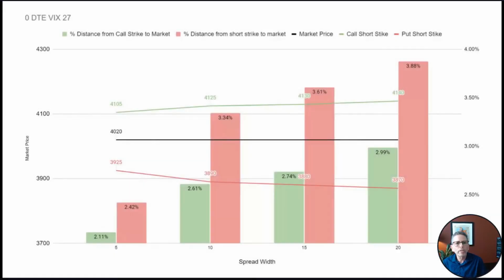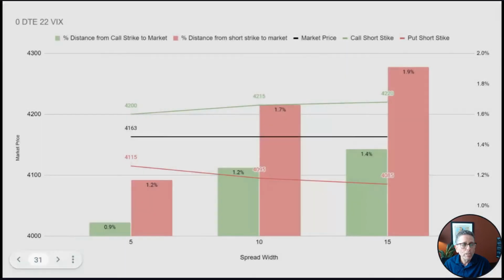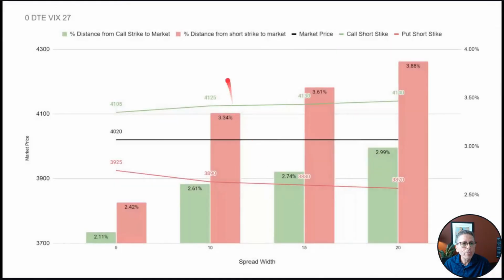Okay. So this one I went through comparing, and this is a 27 VIX. So the VIX was at 27, and now you can see the difference from 22 to 27, and how much greater these distances are to the money.